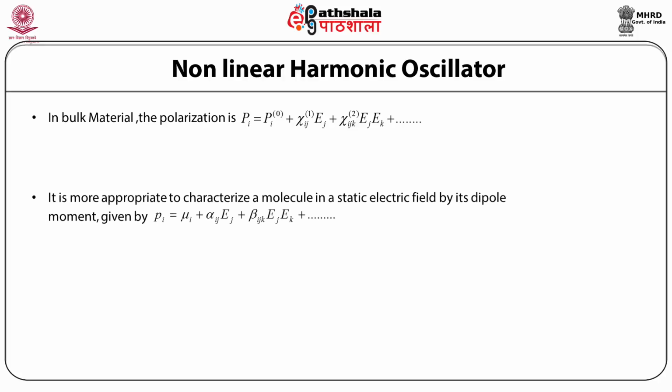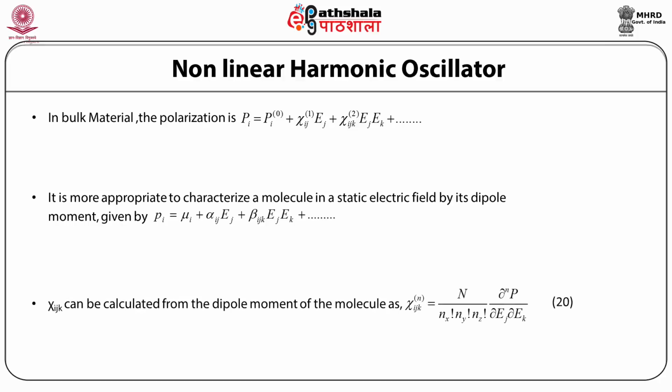Thus, it is more appropriate to characterize a molecule in a static electric field by its dipole moment, given by small p subscript i is equal to mu i plus alpha ij Ej plus beta ijk Ej Ek plus the higher order terms, where small p i is the dipole moment of the molecule, mu i is the static dipole moment, alpha is the first order molecular polarizability, and beta is the second order molecular polarizability.